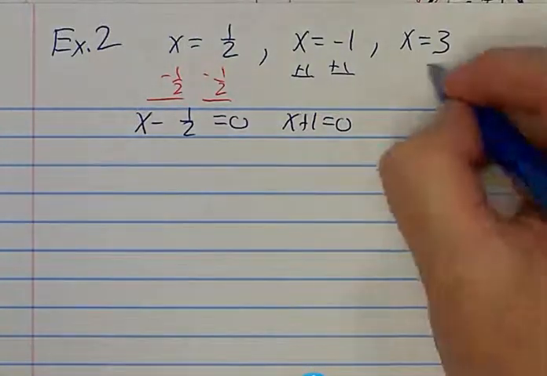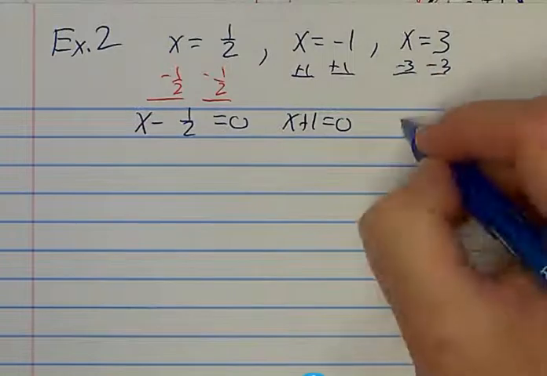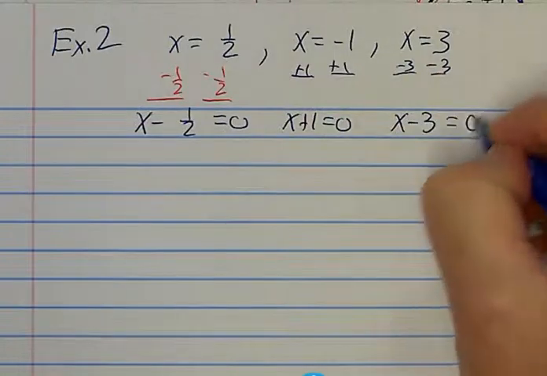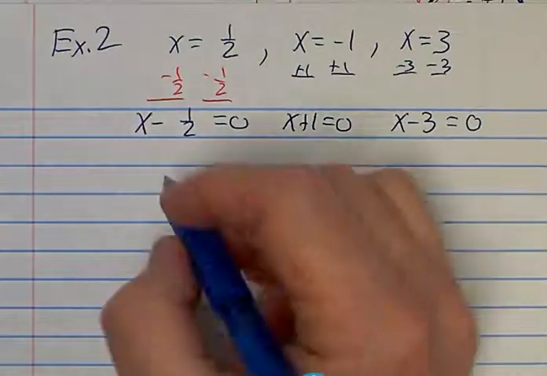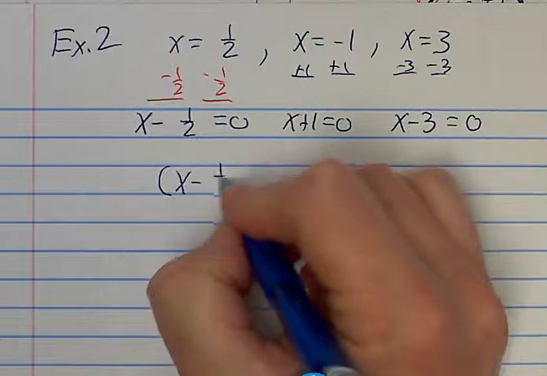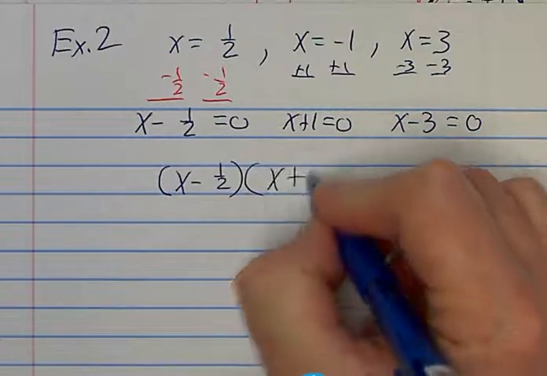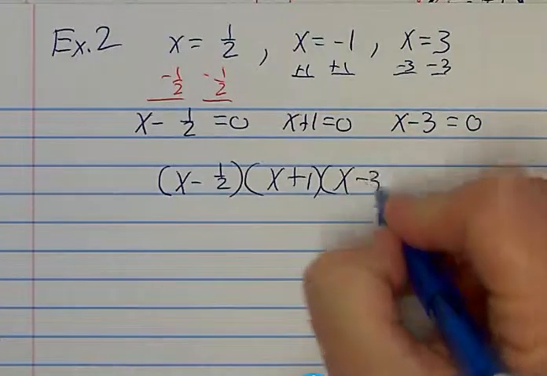And for this one we would subtract 3 from both sides. x minus 1/2 times x plus 1 times x minus 3.